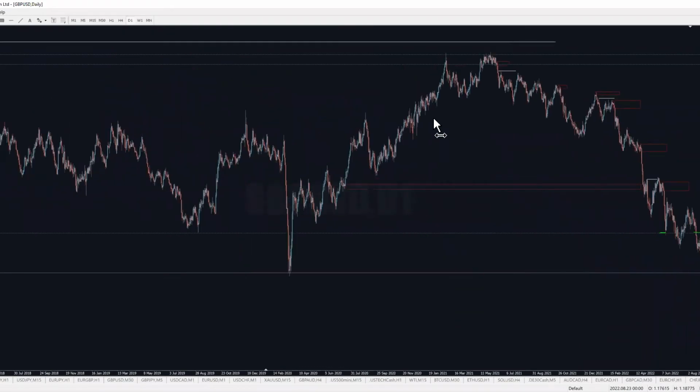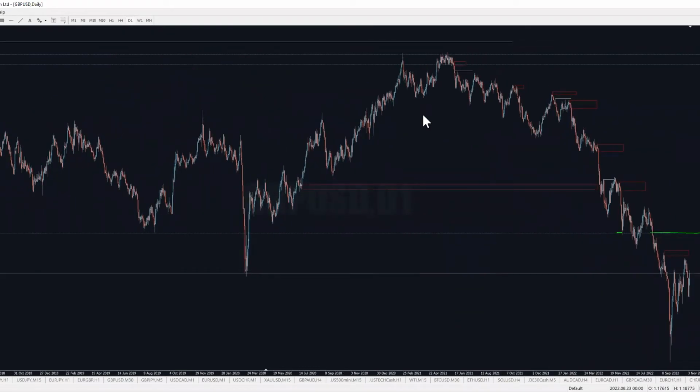Now, two things that you can be paying attention to: you may not give a damn about the overall bigger picture of the market, and everything that you want to trade is the 15 minutes time frame. Just open a trade, close a trade, and that's it, right? So that's a scenario.